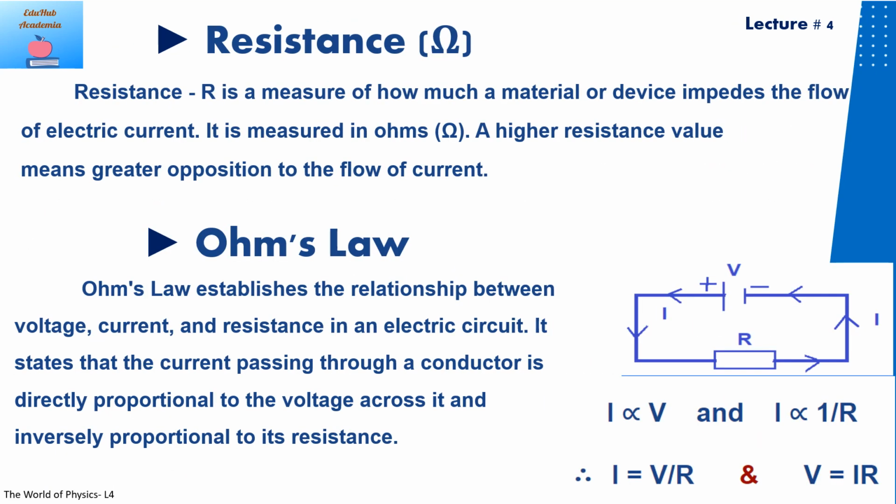The third term is the resistance in ohms. Every material, especially the connecting wires that you use in an electric circuit like the one seen here, will show resistance because it's made of a certain material. No matter what a material is, it will show resistance.